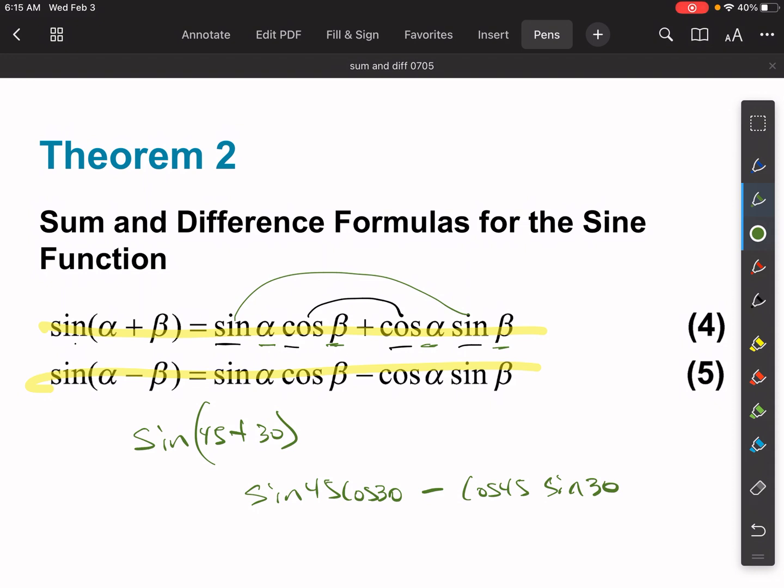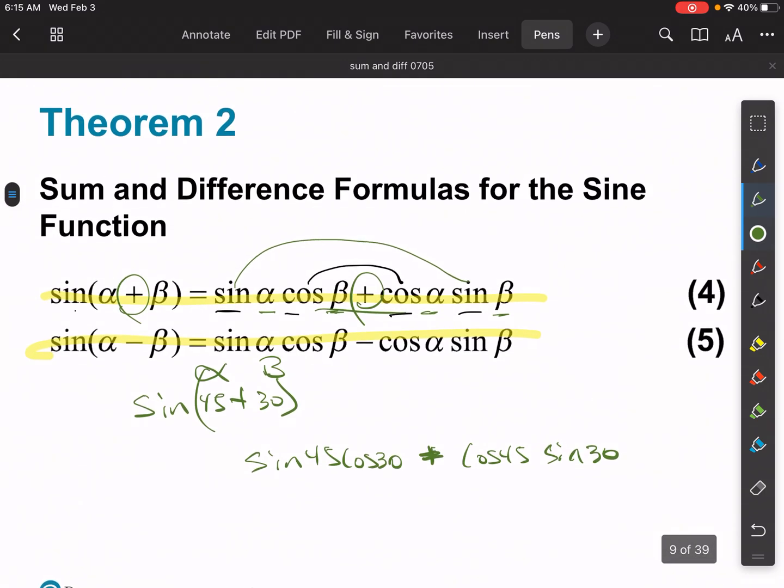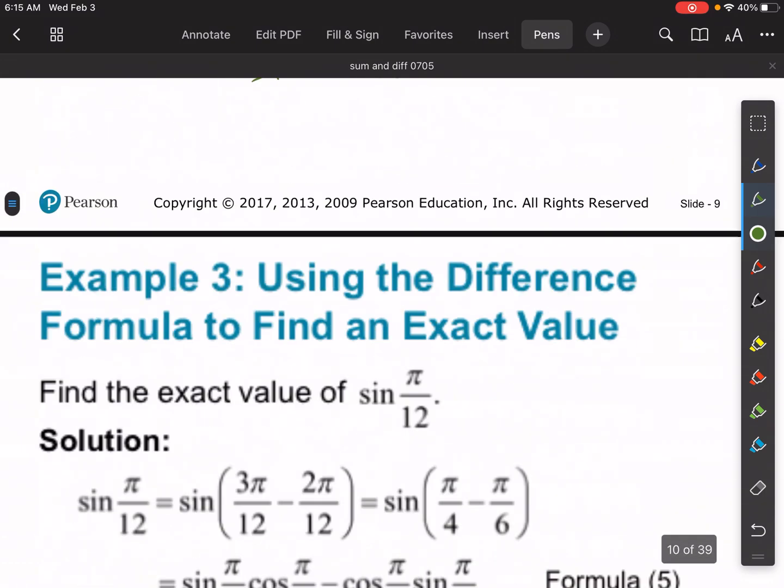If it helps you to label this as alpha and beta, you are welcome to do that. Oh, sorry, this is plus. If I'm doing this one, it's plus. So the signs stay the same on the sine sum and difference formulas. On the cosines, the signs change. I know it's a lot to remember, but definitely take some time to memorize that.